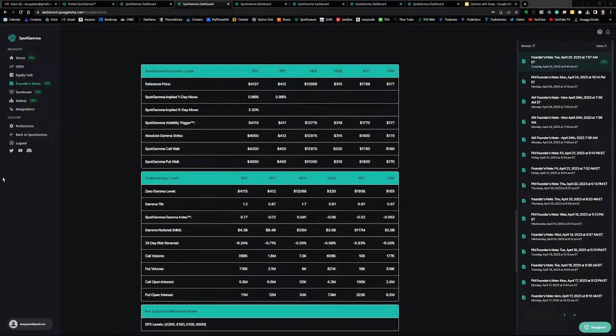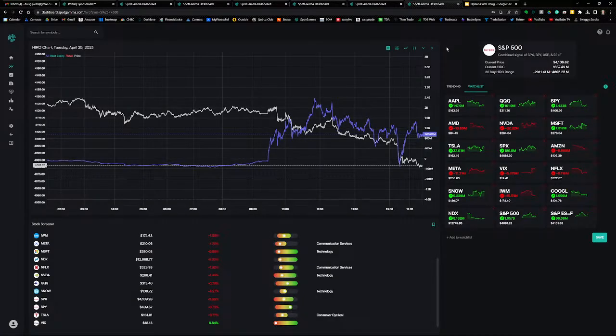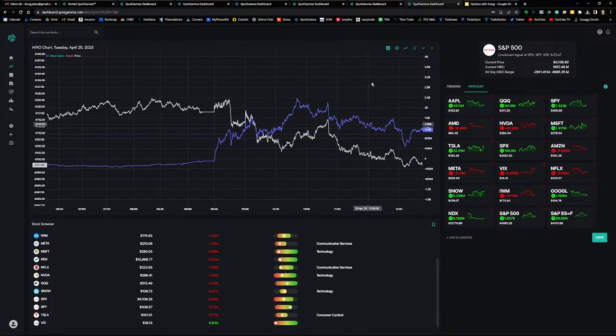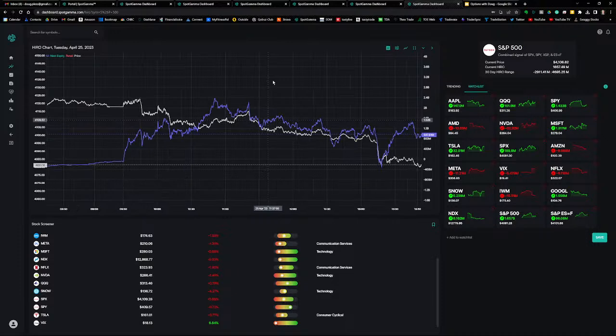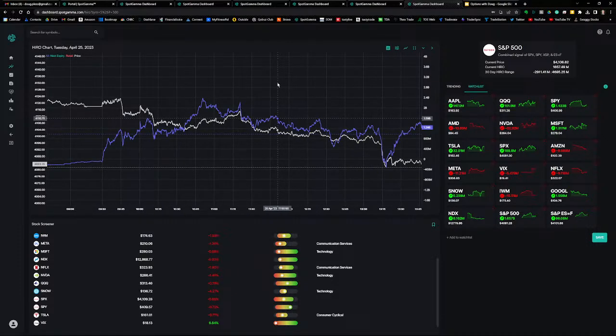All right, so let's take a look at some setups now. So first of all, let's go to the S&P 500, and I'm going to start with Hero for the S&P 500, and this is a combined signal for SPX, SPY, XSP, which is not significant, and then ES futures.